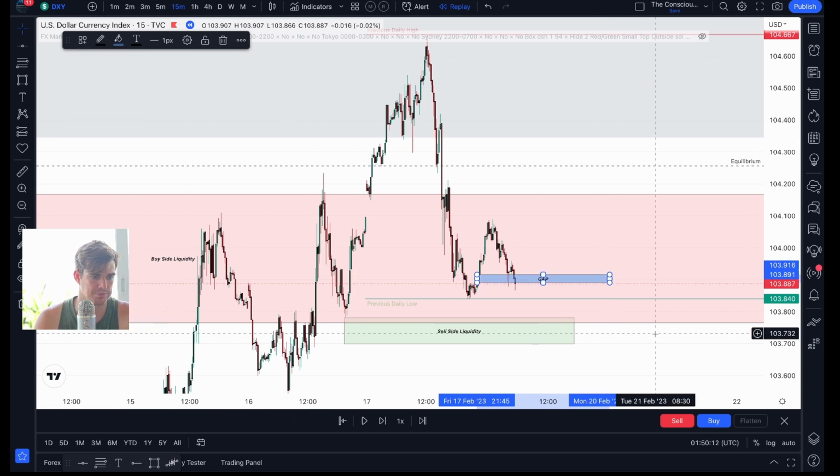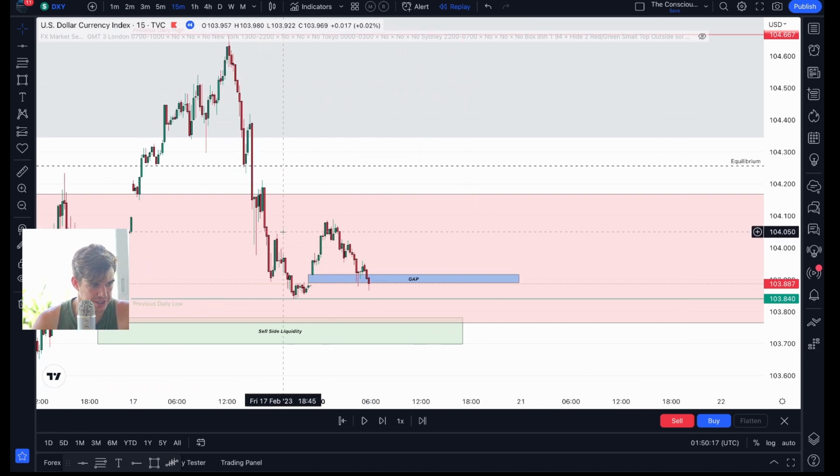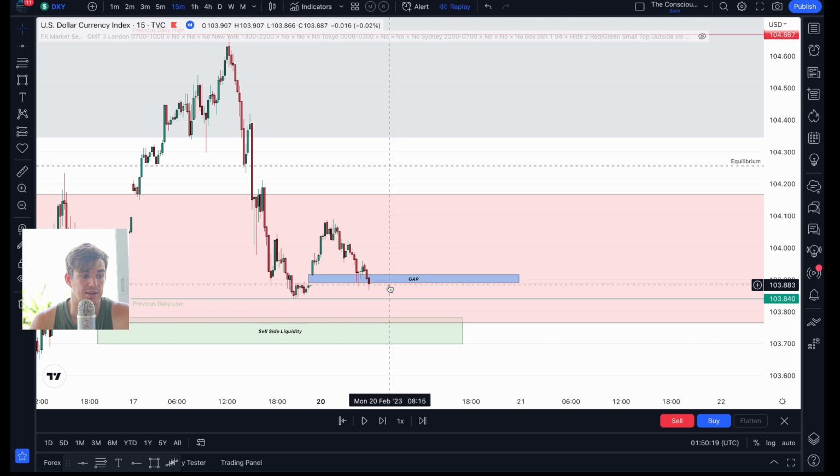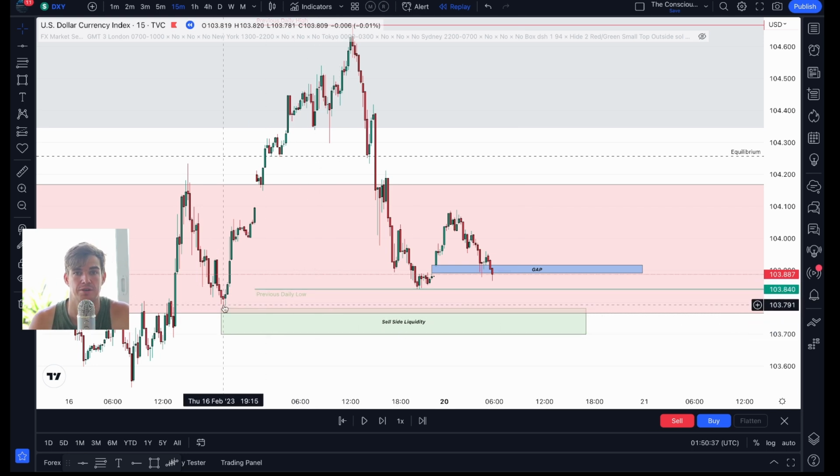So I put that as a blue box. So we opened, broke these highs, came back down, and took out the actual gap from the open from the weekend. Now, if I had done my analysis a little bit better, I would have waited for this price to come down to take out sell side liquidity below this intermediate swing low. Yes, and my entries are not perfect, and that's why I have to reposition.